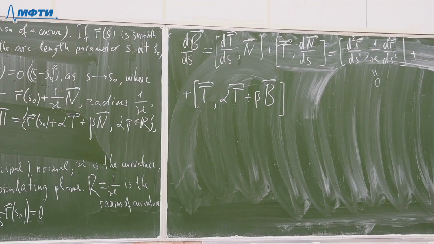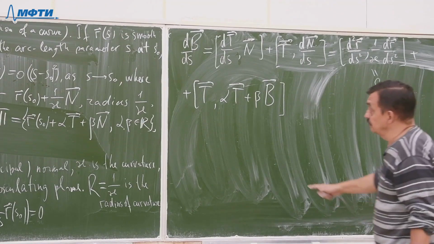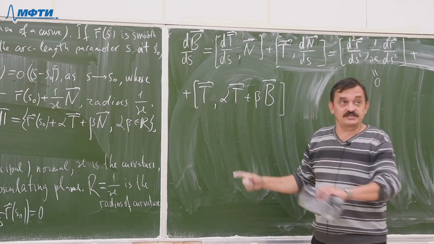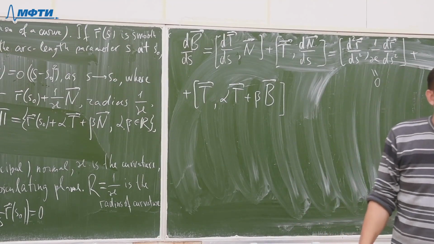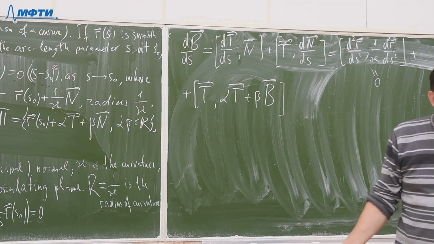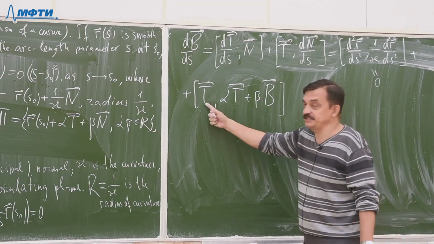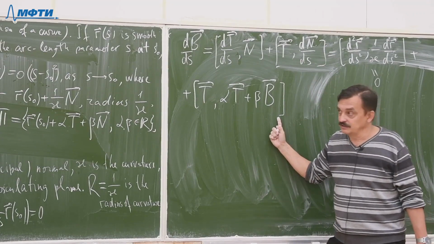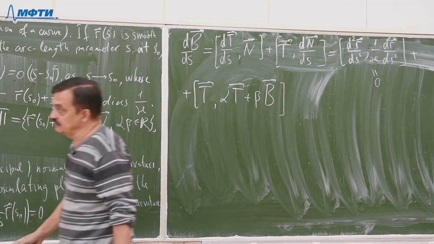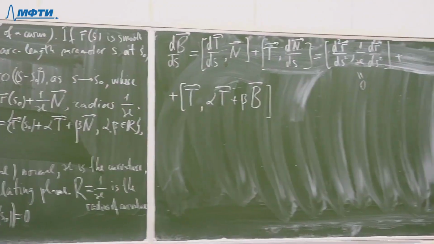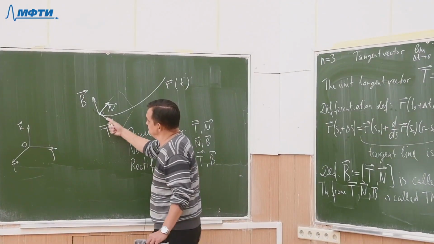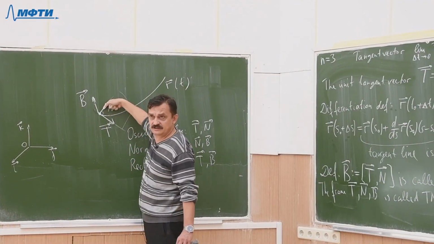So, once again, the vector product t times t gives 0, right? So what remains is the vector product t times b. T times b is in fact minus n.